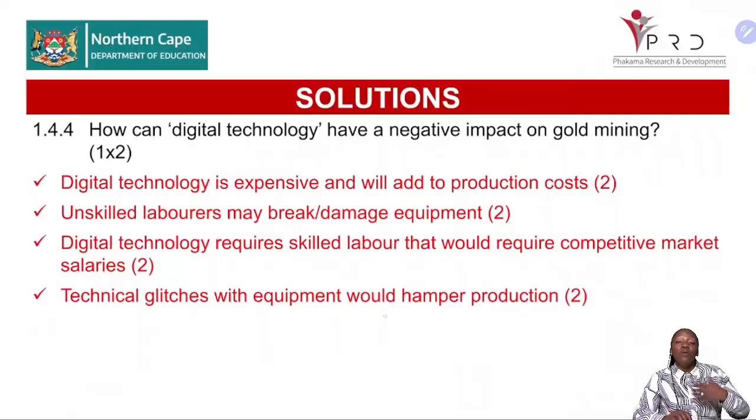Remember, if you have a skill or a qualification, especially if you even have experience, your rate is now higher. That will also be taken from the mine's or the company's profit. The technical glitches with the equipment will hamper the production. So it is possible that there could be glitches and the production will be slower.